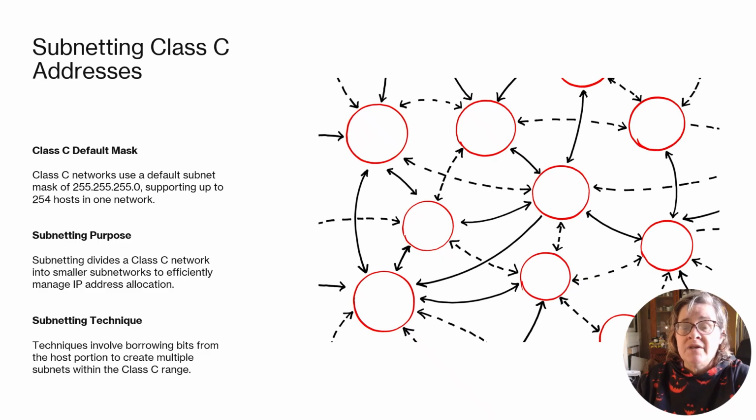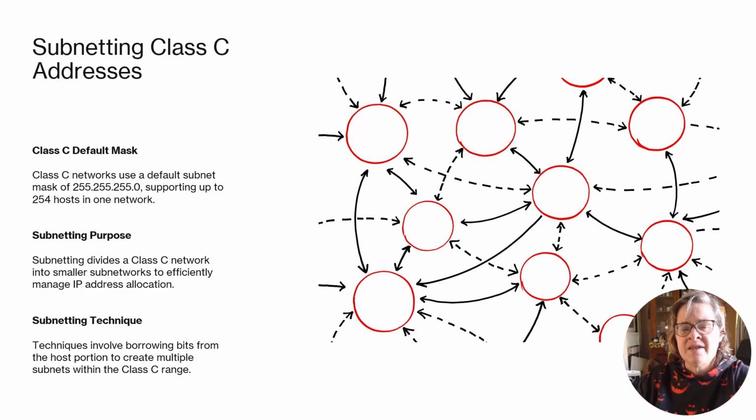Class C networks, typically used for small networks, have a default mask of 255.255.255.0. What this denotes is that the first three 255s are all network. It's only the last part that is for the host.